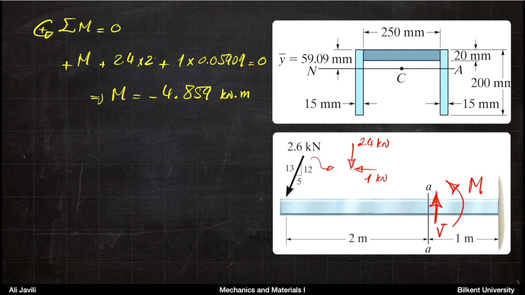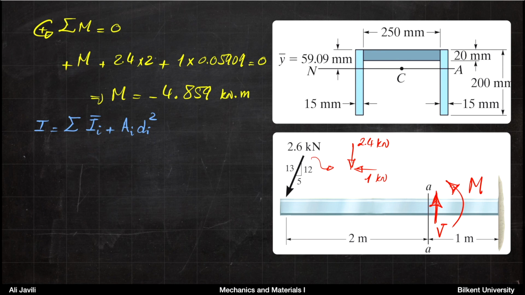Now again, remember the formula that we want to use is sigma max equals Mc divided by I. So now we know what M is. Again, we need to calculate the moment of inertia I. And what we want to do is exactly use the same formula as we did before. The cross section is composed of 3 parts.